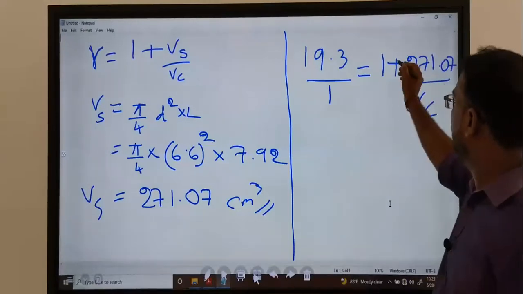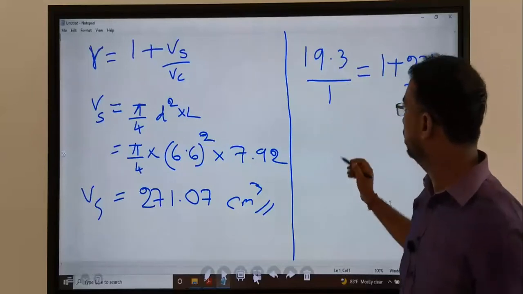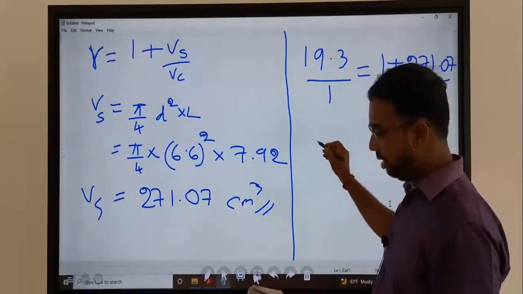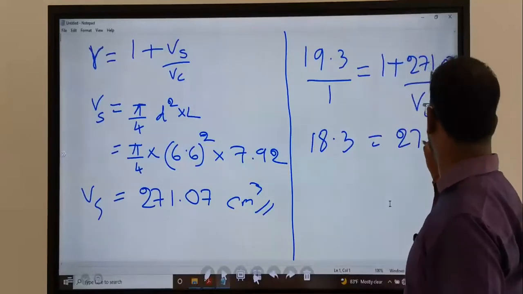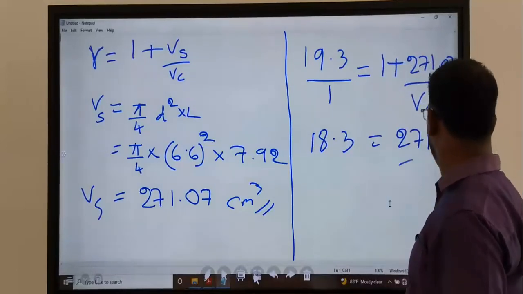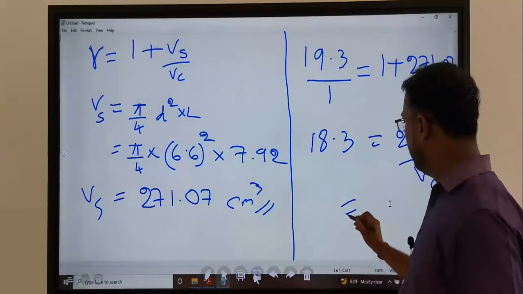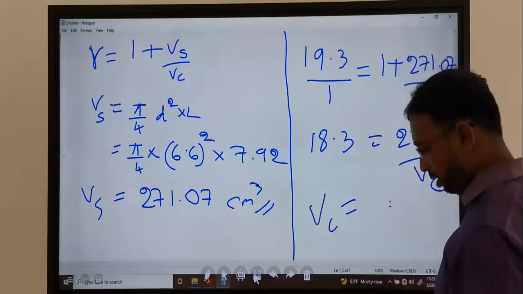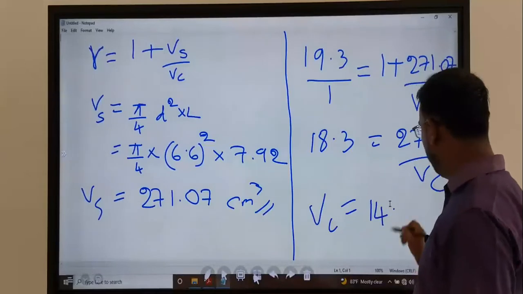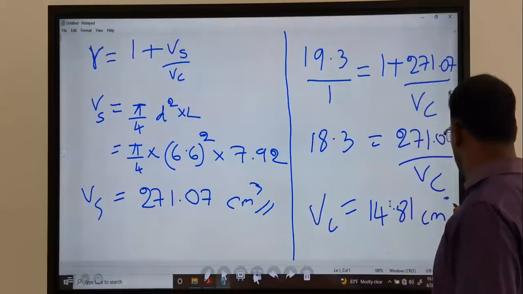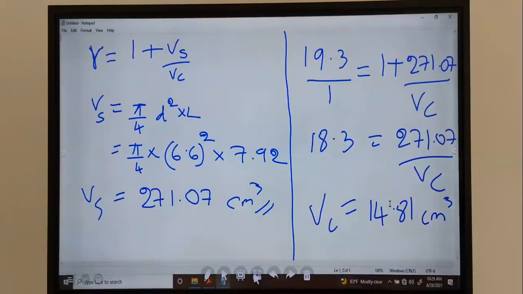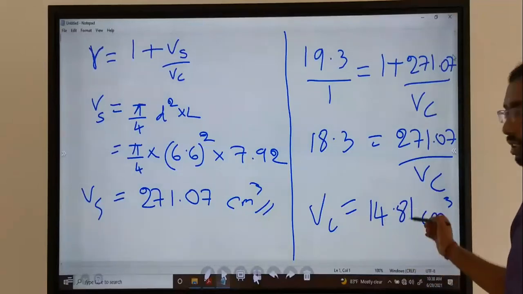So one is reduced from 19.3, so 18.3 equals 271.07 over Vc. So Vc comes to 14.81 centimeter cube. This is the second question, find the clearance volume.